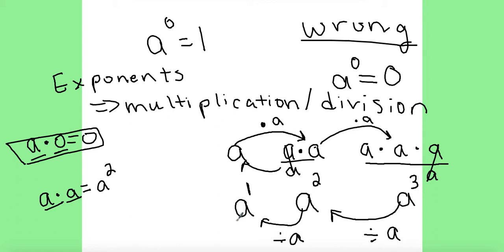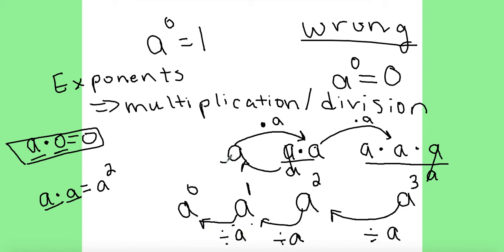Well, in order to figure out what's going on over here at the next power down, which would be what? Well, 0. That's my pattern. 3, 2, 1, 0. What's this number? Well, I'm just going to keep dividing. What happens if I take a and divide it by a? What do you get?